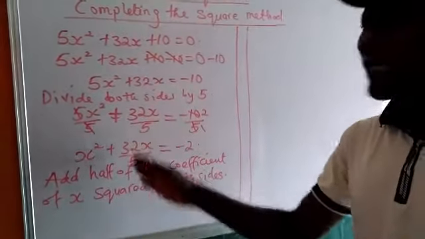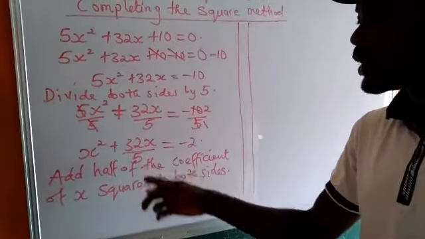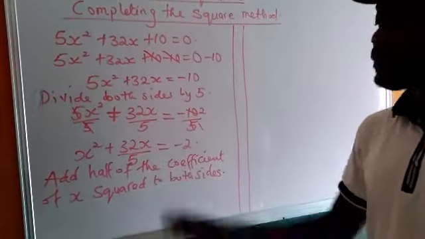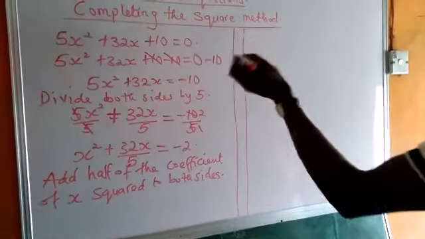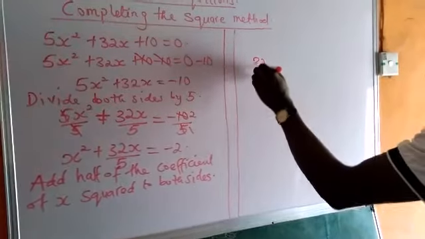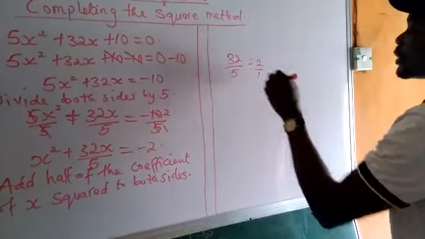So what will be the half of 32 over 5? Because the coefficient of x in this place is 32 over 5. To find the half of it, you can do 32 divided by 5 divided by 2 over 1.